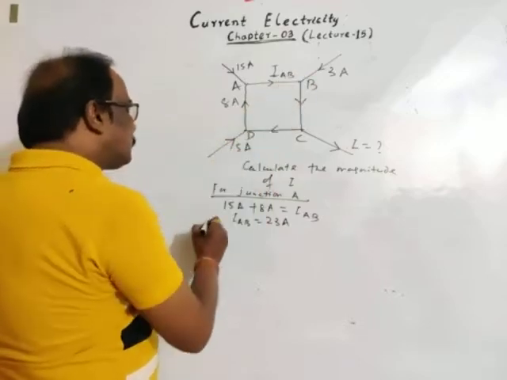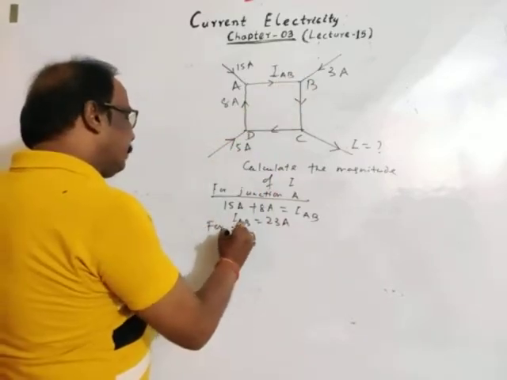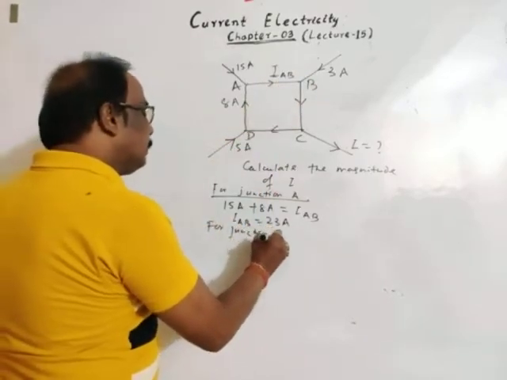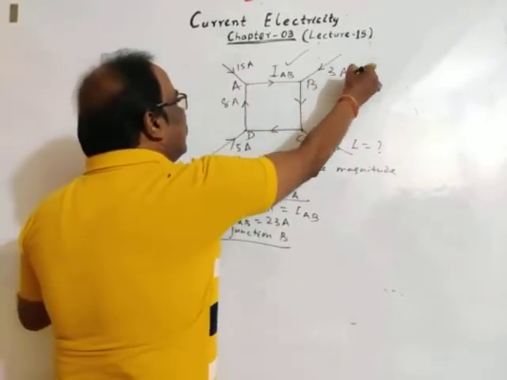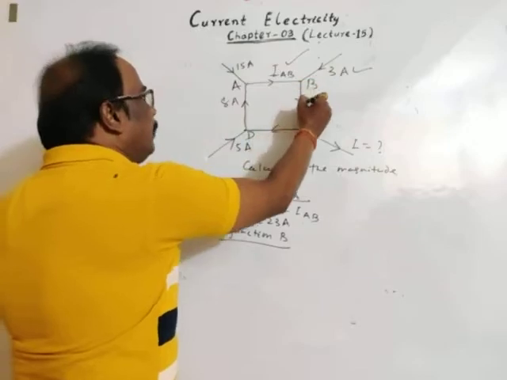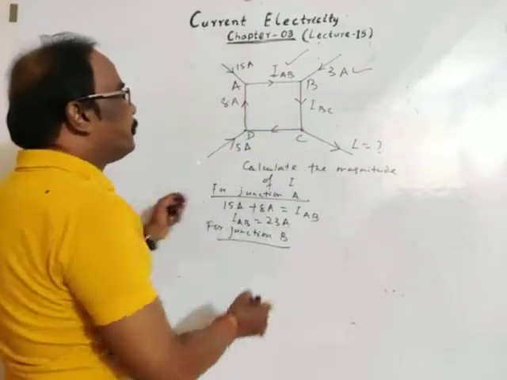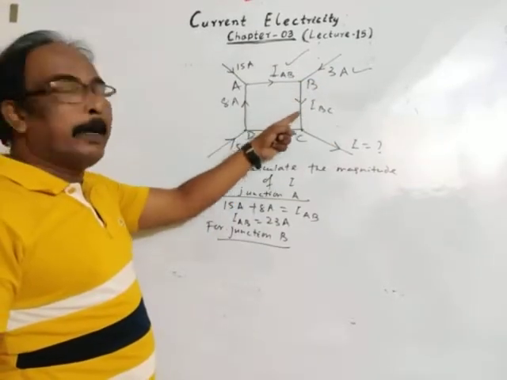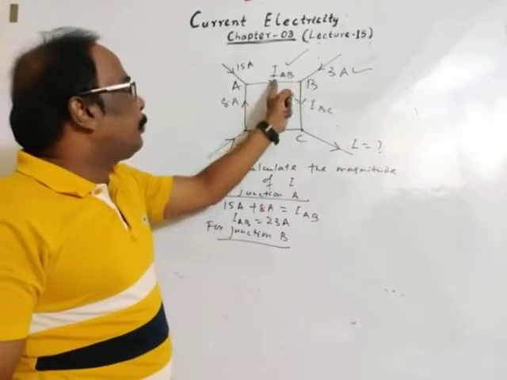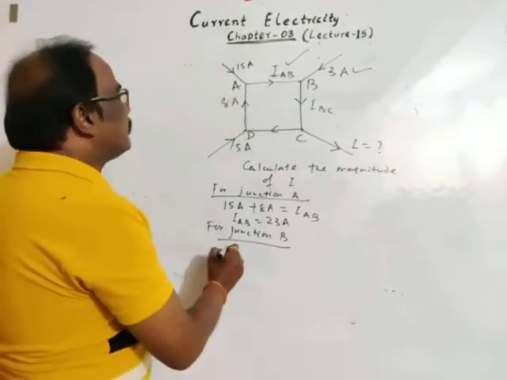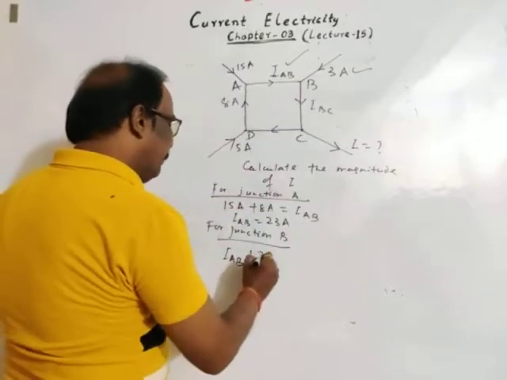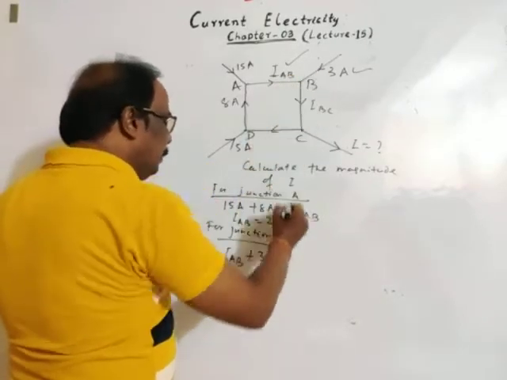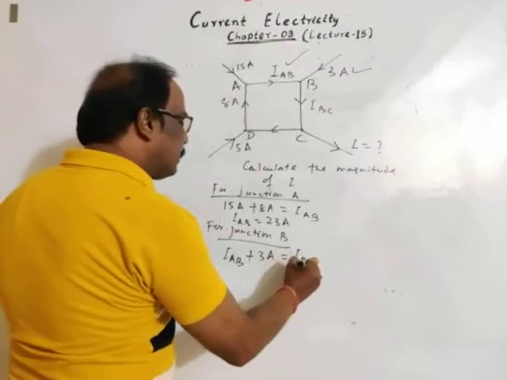Similarly for junction B, IAB and 3 ampere are incoming currents, and this current is IBC, the current from B to C. These 2 are incoming, IAB plus 3 ampere, equal to the outgoing current IBC.